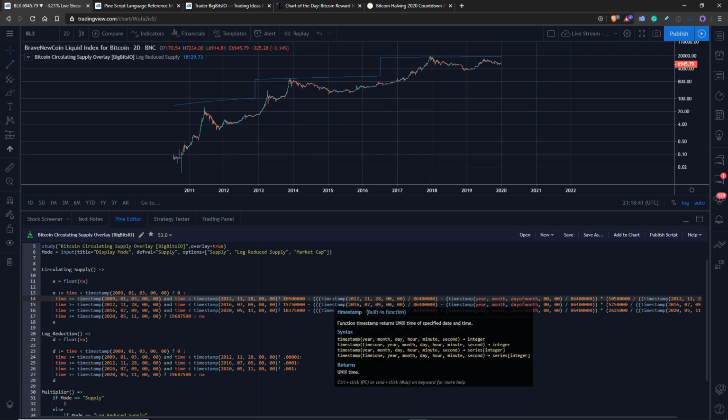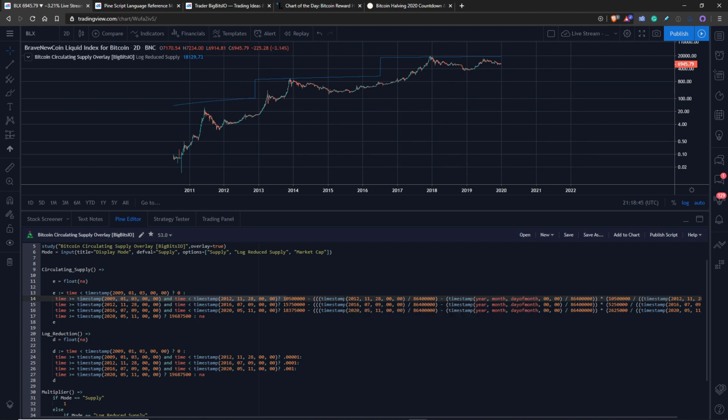Then we get the date of the next halving, and we put it into this timestamp function, which is going to give us a really huge number back, and we divide that by 86,400,000. That's how many units, not Unix, but how many units make up a single day in Unix time.